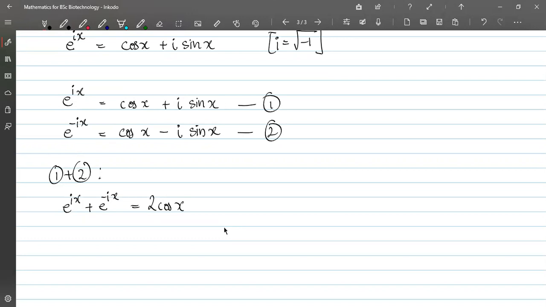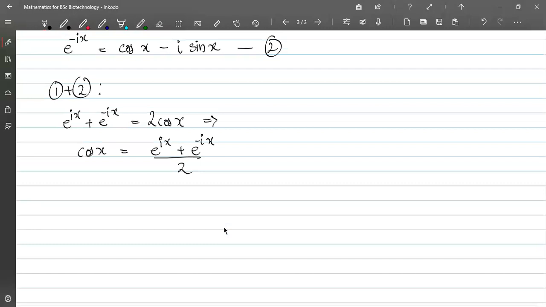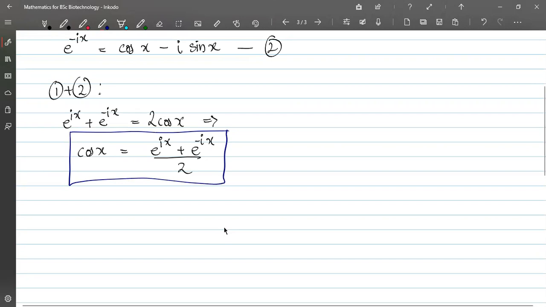So we get 2 cos x is equal to this, or in other words, this implies that cos x is equal to e to the ix plus e to the minus ix by 2. So this can be taken as a definition of cos x, or an expression for cos x in terms of the exponential function.